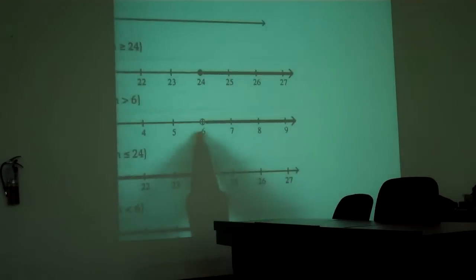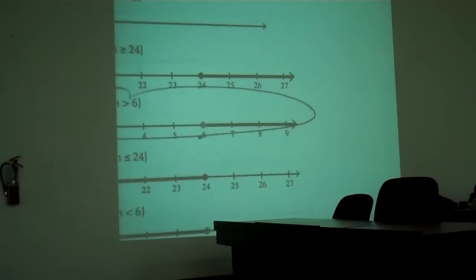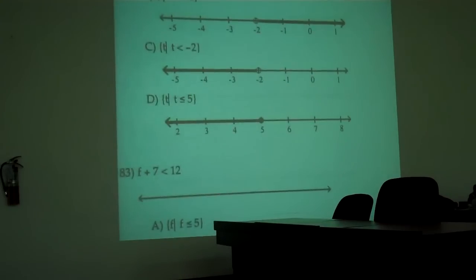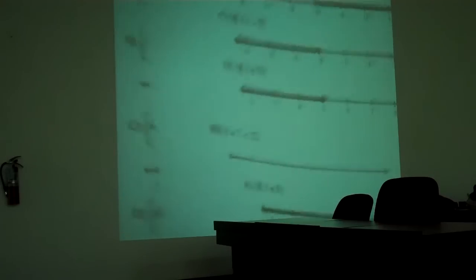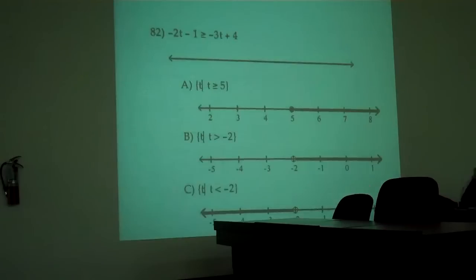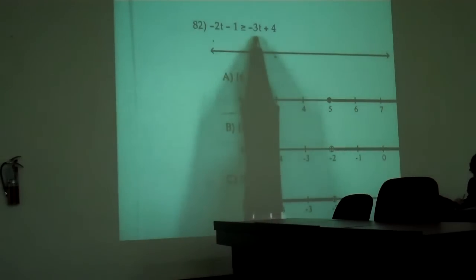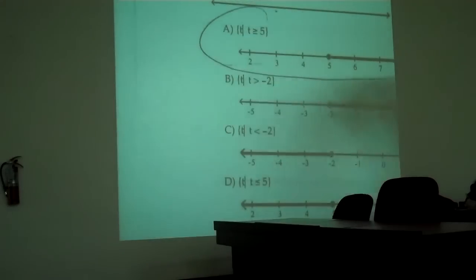Open to the right. Okay, we're getting closer. Okay. I'm going to let you guys do these on your own. This minus this, it should come out to greater than or equal to 5.